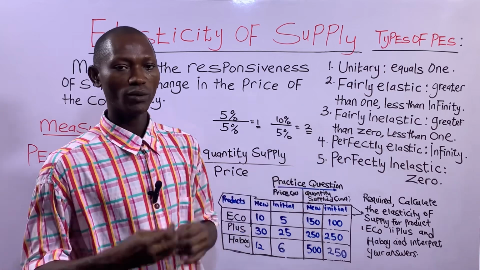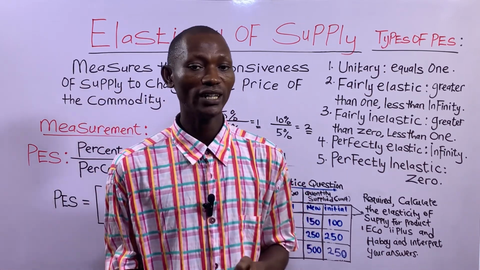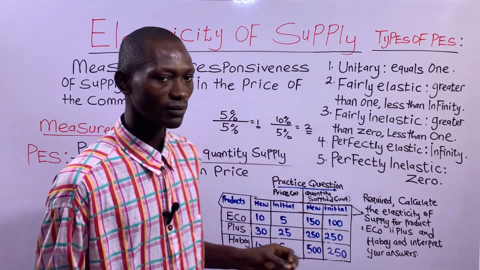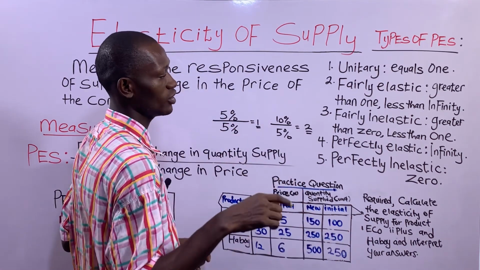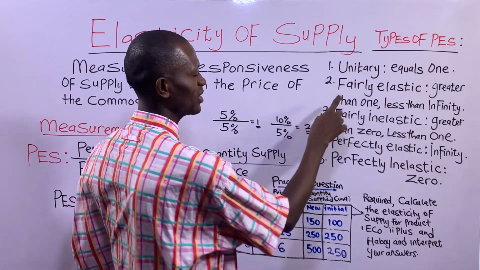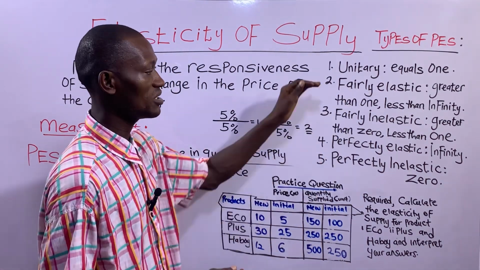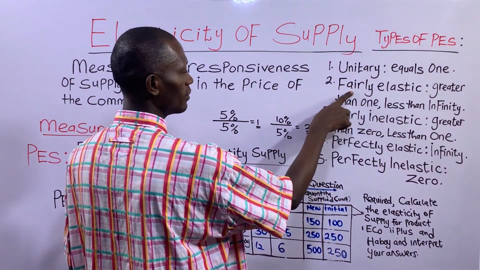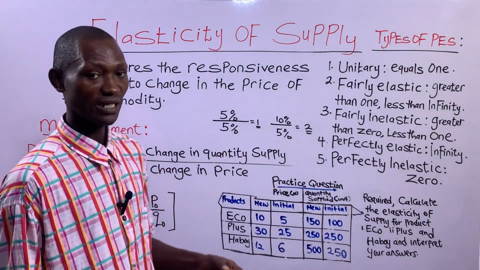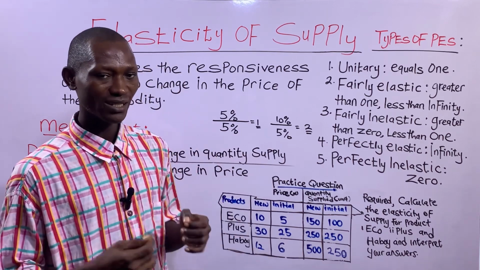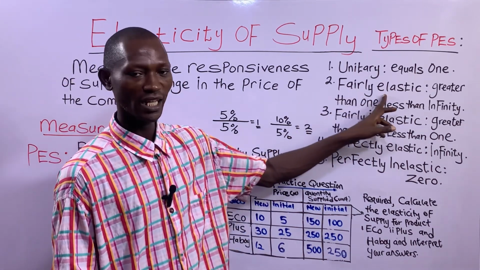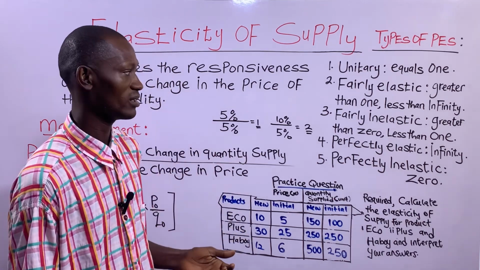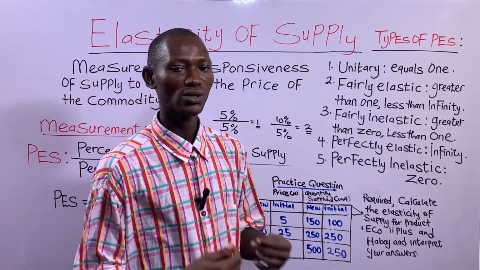So by that we mean a percentage change in price brings about little change in the quantity supplied. Let me run through the markets in which these price elasticities of supply are obtainable. With respect to fairly elastic, it means that if, as a producer or supplier, the elasticity coefficient of the product is fairly elastic, the goods you supply into the market have close substitutes.